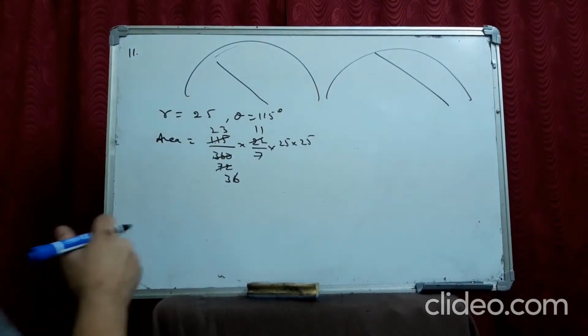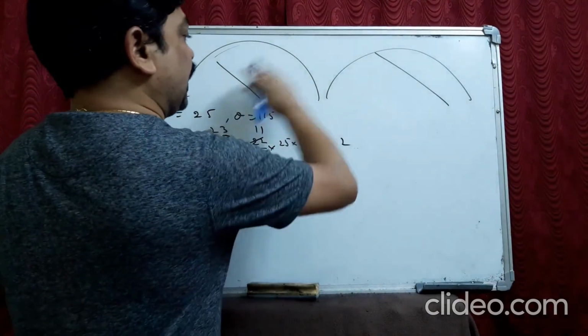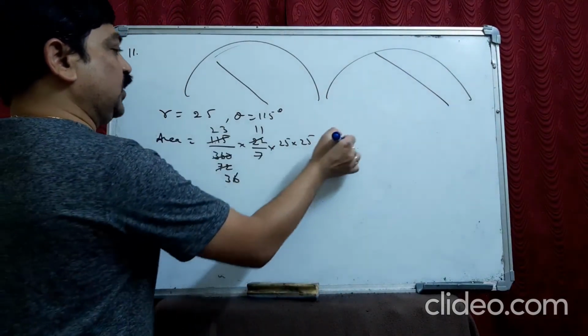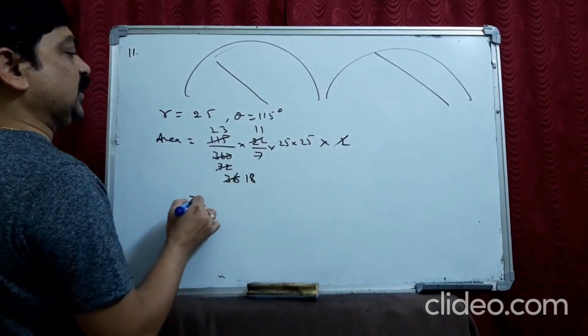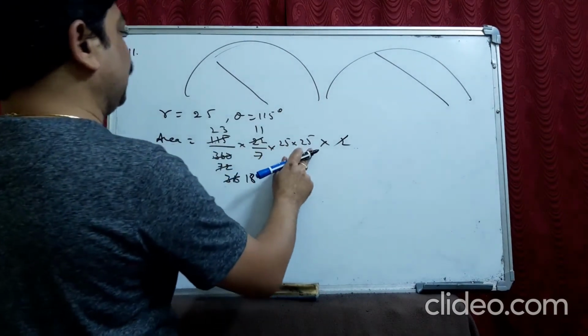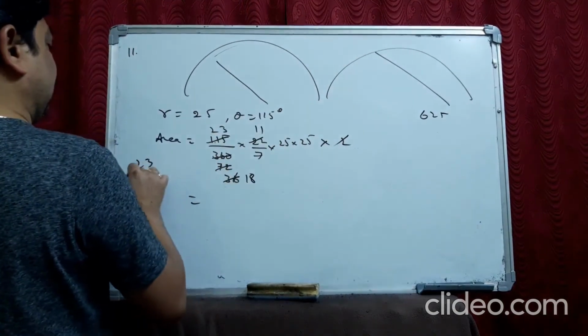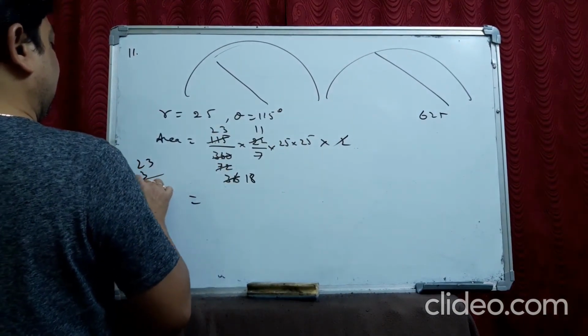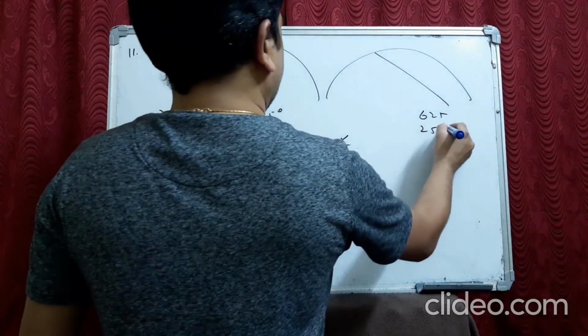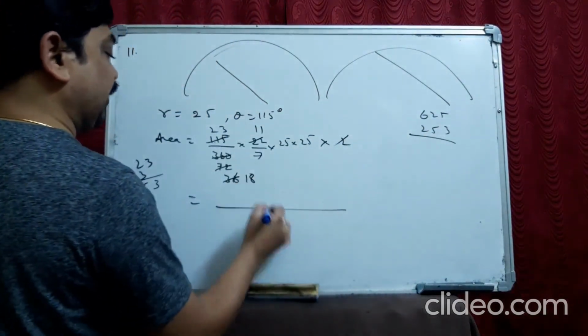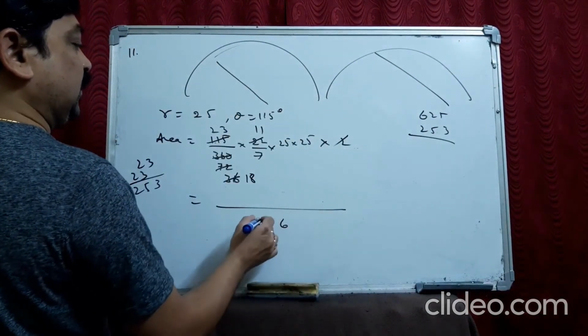So write into 2, because you are asked to find the total area. So it becomes 2 into 18s. Let us multiply 25 into 25, 625 into 11, into 23, 23 into 11, 253. Then 7 8s are 56, 126.